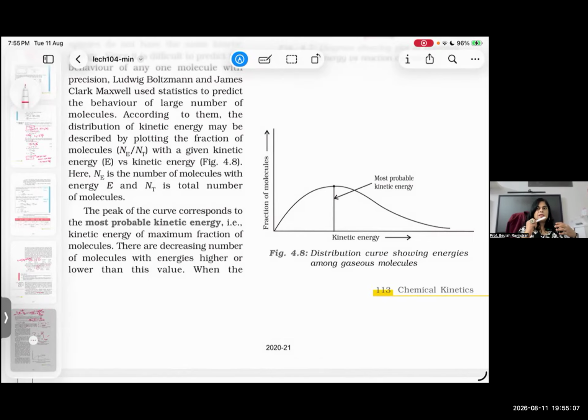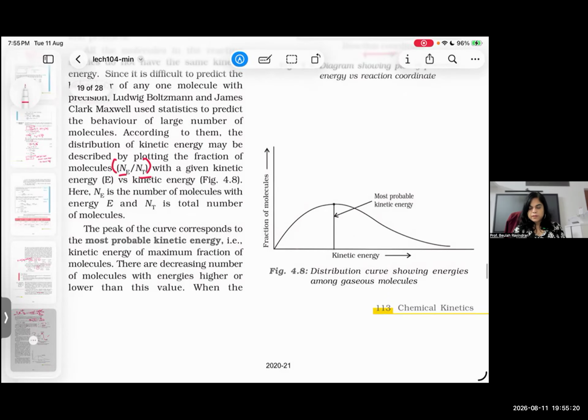So the part which is having energy is n suffix E and the total number of molecules is n suffix T. So this is the ratio, and the kinetic energy is distributed. This is the fraction of molecules. The kinetic energy is distributed like this.